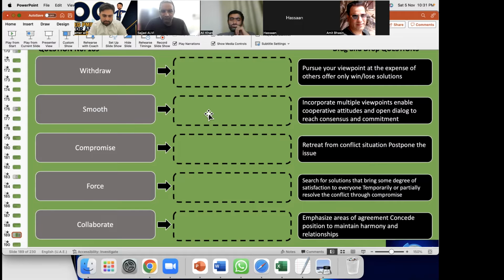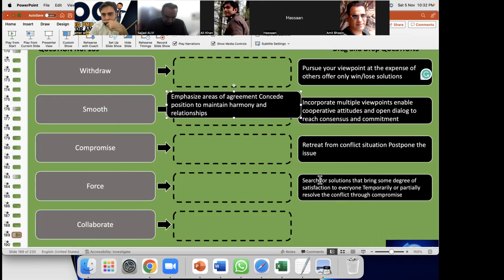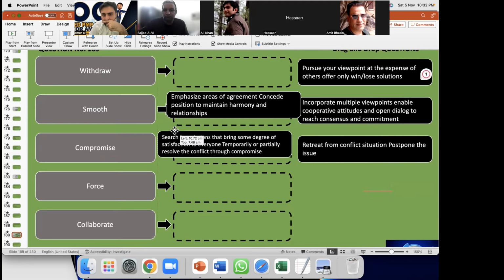Search for solutions that bring some degree of satisfaction to everyone, but only partially resolve the conflict, is compromise. Emphasize areas of agreement, concede position to maintain harmony and relationships. So that is smoothing. The last one goes to smoothing, the second last would be compromise.